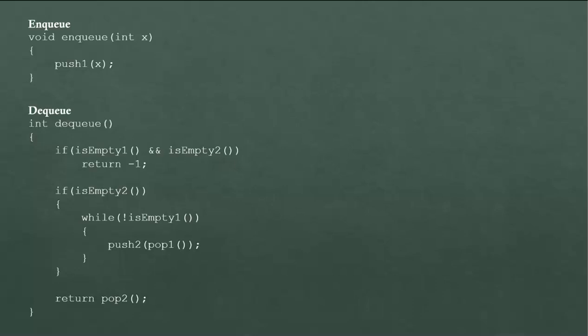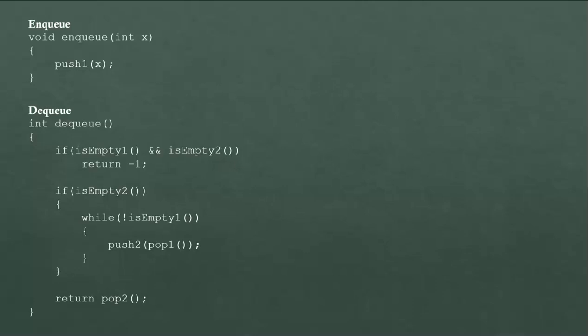So let us discuss the core functions enqueue, dequeue, peek, and empty. Enqueue pushes an element directly into stack 1. Look at the push function. You need to write the push1 function for stack 1, which will directly push the element X onto stack 1. Look at dequeue. Dequeue first checks whether both the stacks are empty to handle the underflow condition.